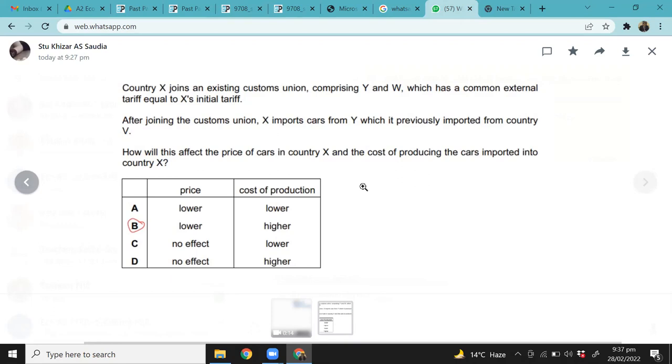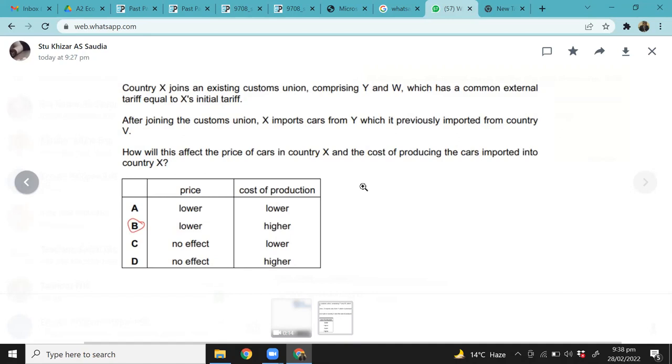It's a customs union, so there's no tariff now. So the price should be lower. Previously there was a tariff. Now there is no tariff. So it should be lower. Okay. Fair enough.